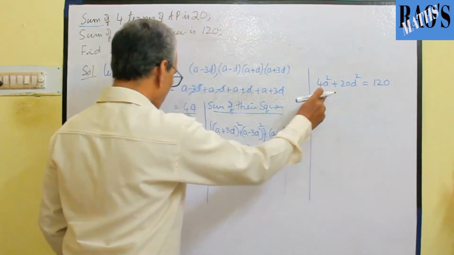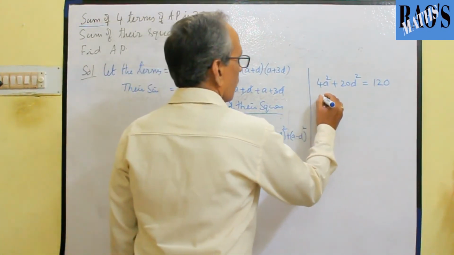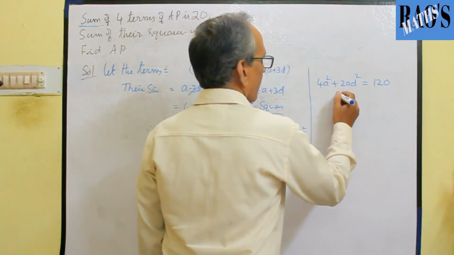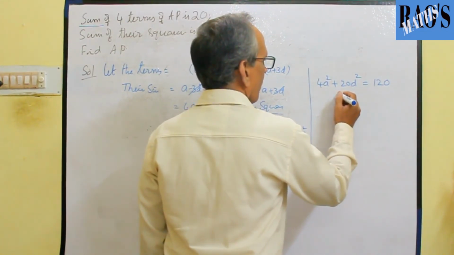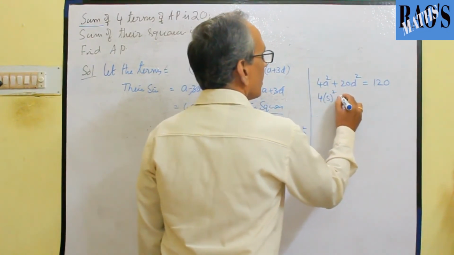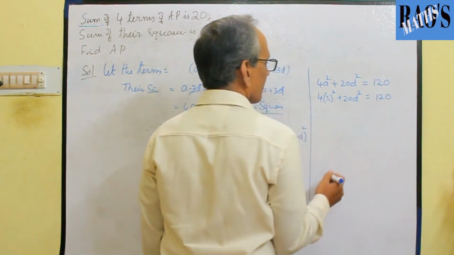We have the value of A, 5. Okay. So 4 of 5 square plus 20D square is equal to 120.